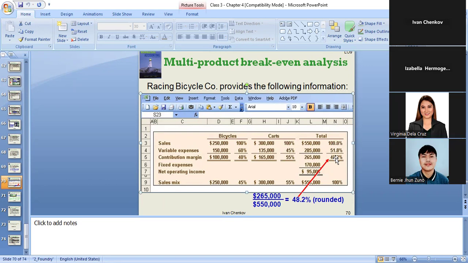Once we have the break-even sales dollar amount, we already know how much each product contributes to the sales in the company. The first product contributes 45% of the total sales. The second product contributes 55% of the total sales. Once I calculate the sales I need for the break-even, 45% of that amount is going to come from product one, and 55% of that amount is going to come from product two.